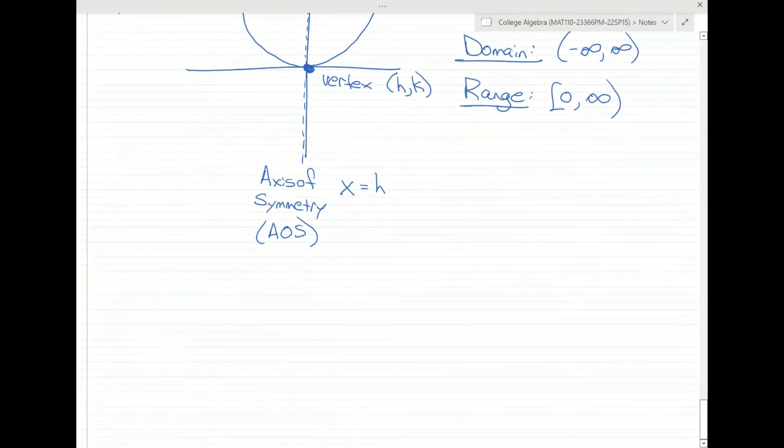We are going to be talking about how to move this graph, how to stretch it, and how to reflect it. Those are called transformations. And there are 3. One type of transformation is called a translation.